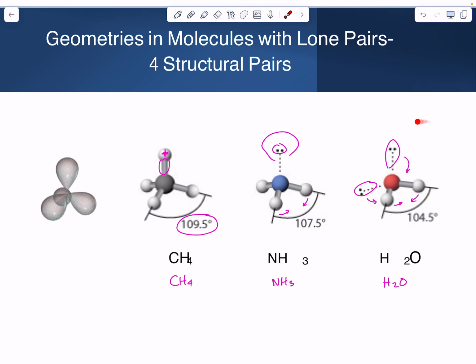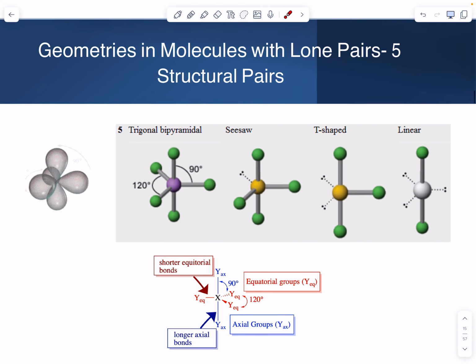All of these we would say have tetrahedral electron pair geometry, but the molecular geometry is going to be slightly different due to the fact that we have some lone pairs, and they have a slightly different influence on the other electrons than a bonding pair does.